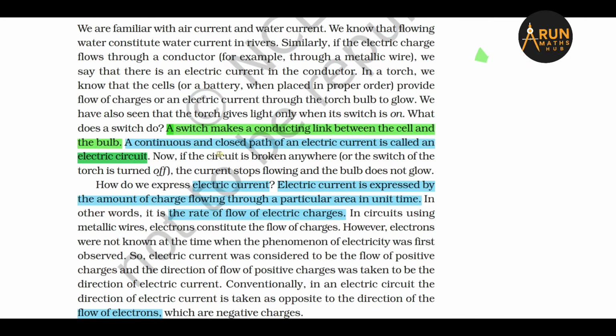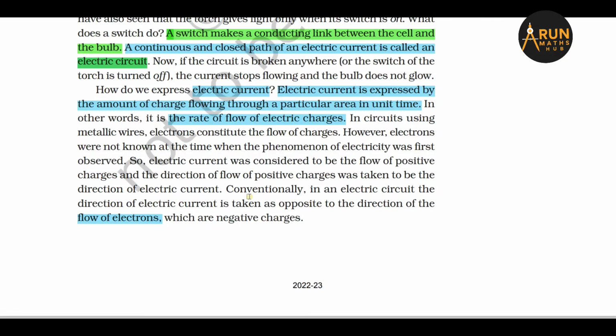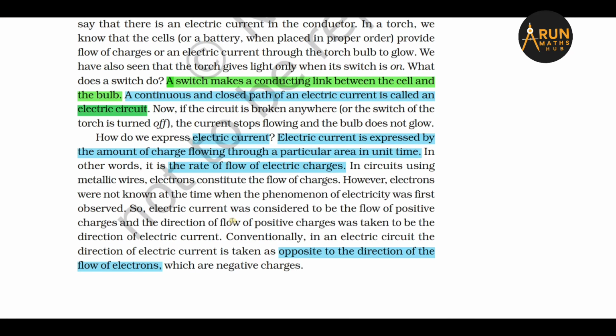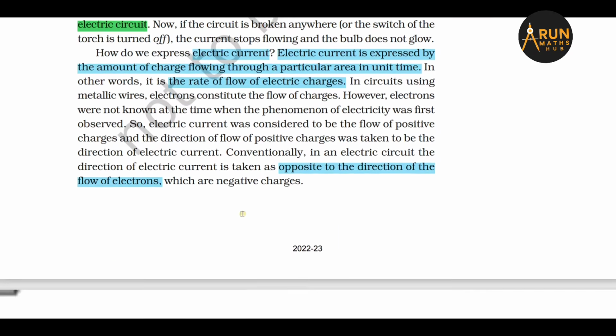What we have discussed is a switch, an electric circuit, the definition of electric current, and the direction of flow of electric current. It is opposite to the direction of flow of electrons, which are negative charges. So these are the important points you can concentrate on in unit electricity page 1.